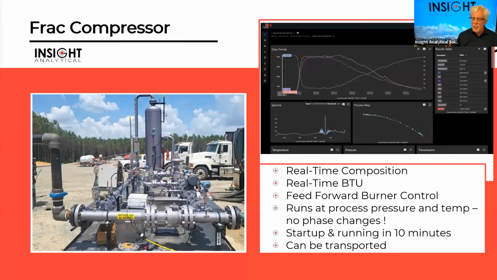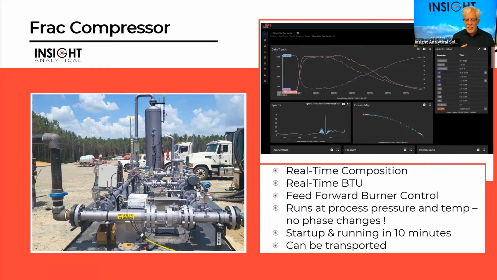So we can mount this right out at the frac compressor. We can put it right onto the part of the compression skid, take a sample off that natural gas line or that fuel line and run it through the spectrometer, get real-time composition, real-time BTU.